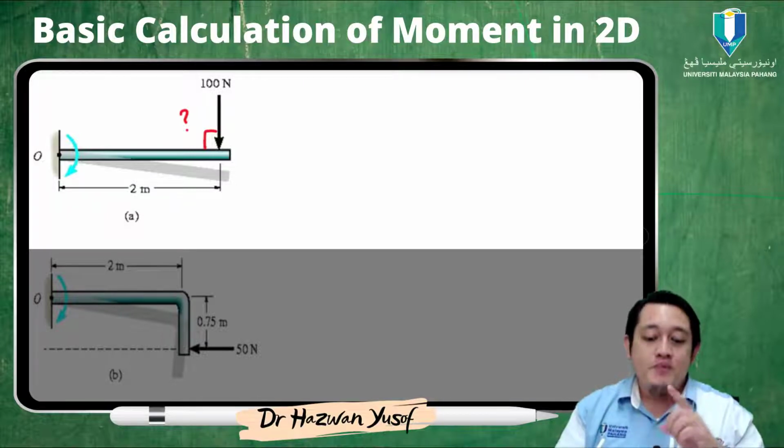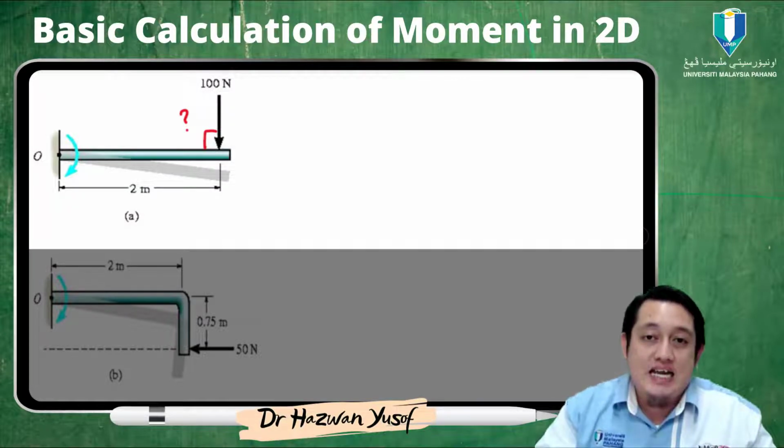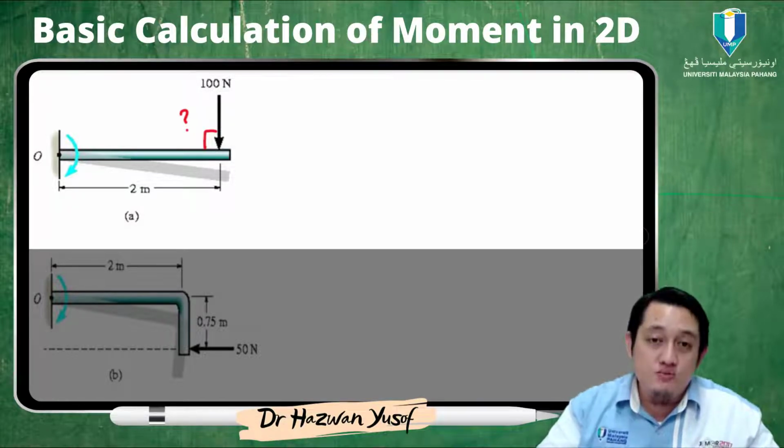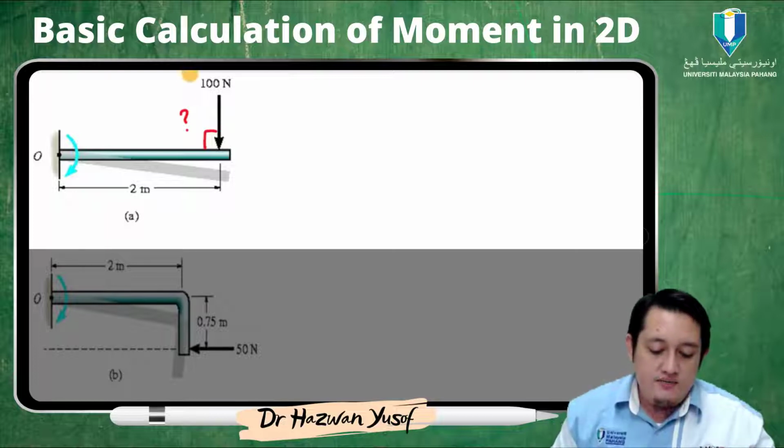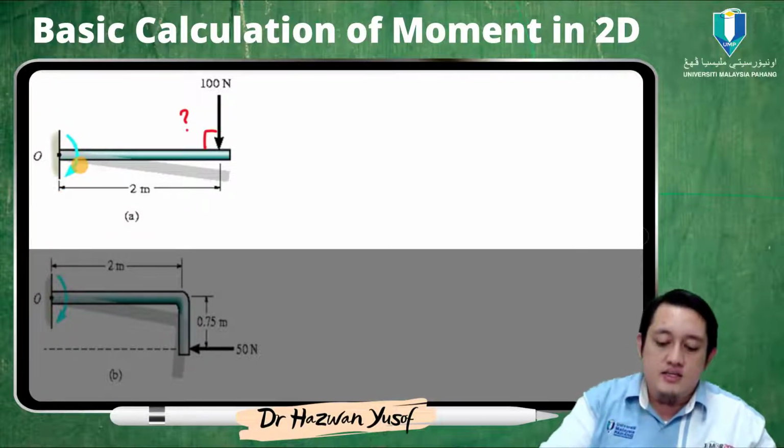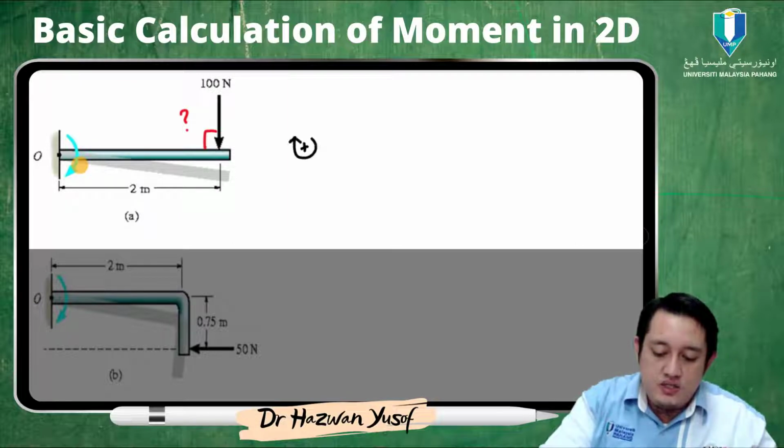That is why in the beginning we need to determine which direction we want to assume to be positive. Here, because they already put this symbol, this clockwise rotation as positive, let's assume a clockwise rotation to be positive.